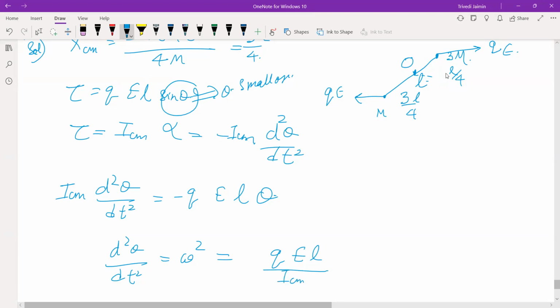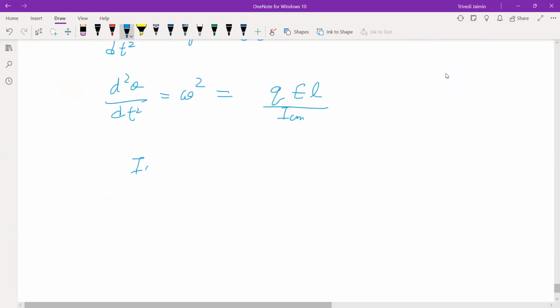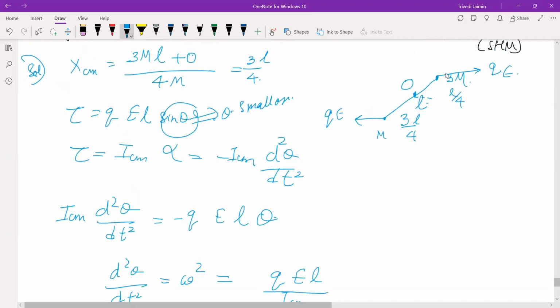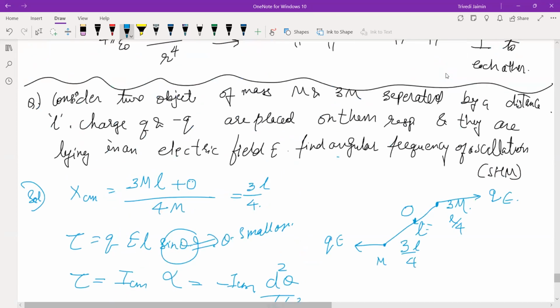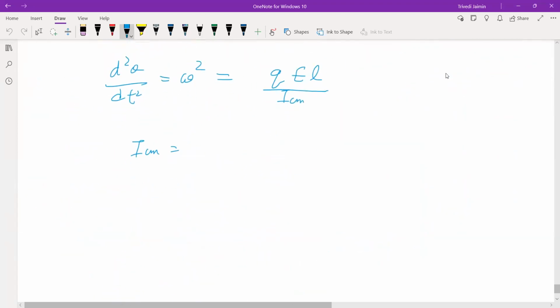Now we need to find I center of mass for the two objects. It is 3m times L by 4 whole square, plus m times 3L by 4 whole square.